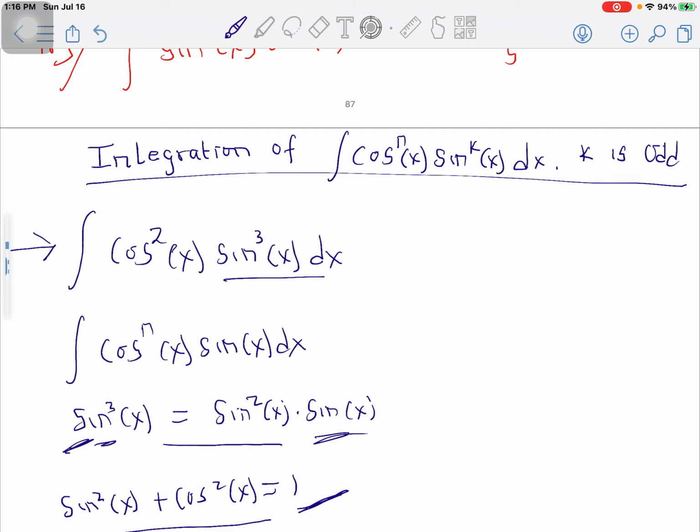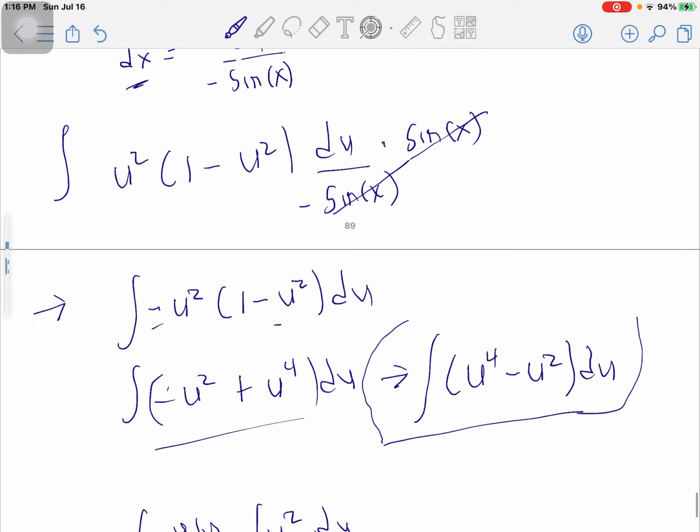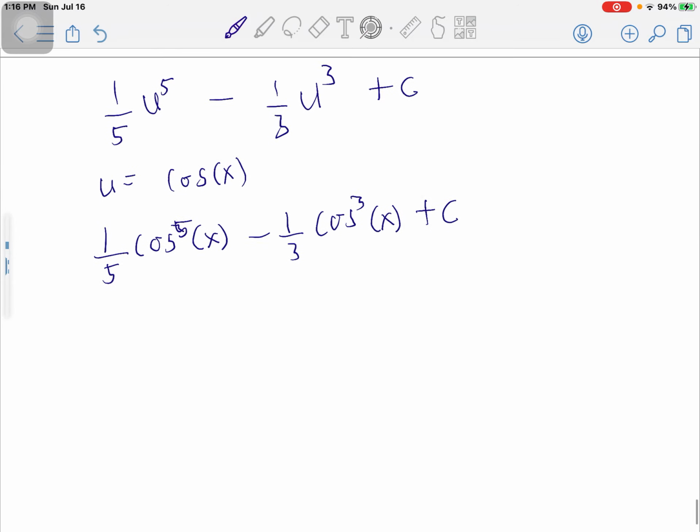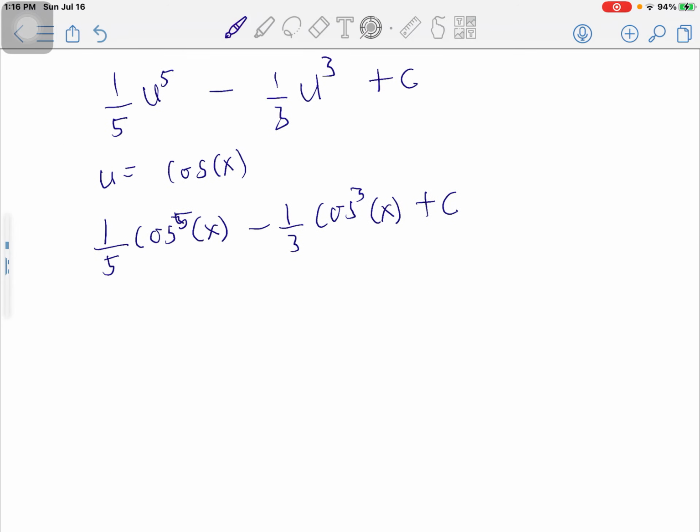So now the integral of the product of these two functions, which is cos square of x multiplied by sine power 3 of x dx, is now giving us 1 over 5 cos power 5 of x minus 1 over 3 cos power 3 of x plus the arbitrary constant of integration, which is what?